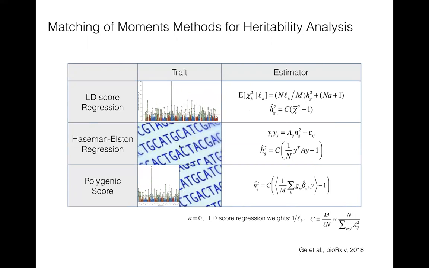And if you have individual genotype data, you can do GCTA, which regresses the phenotypic similarity onto the genetic similarity. And you also have a closed form estimator.